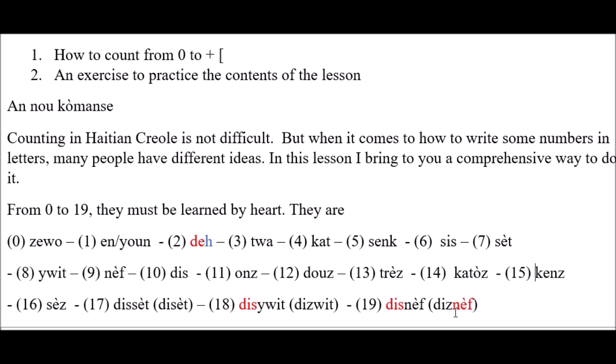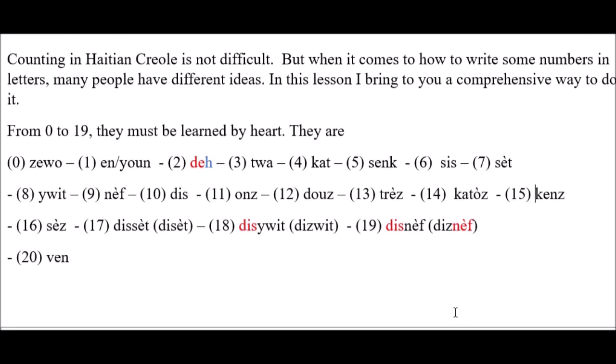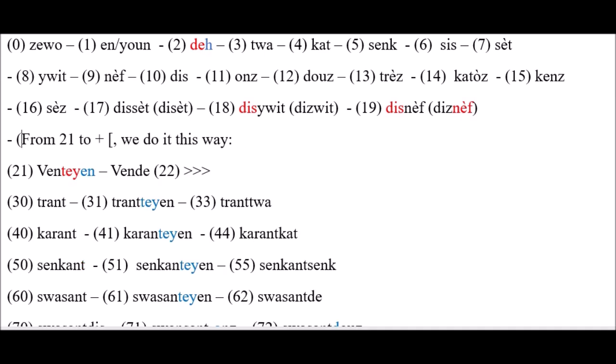From 0 to 19, they must be learned by heart, okay? Now let's move on. Okay, from 20 to infinity. From 20 to infinity, we do it this way, okay?